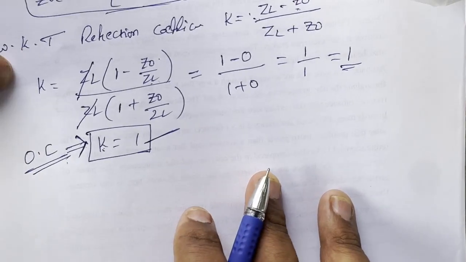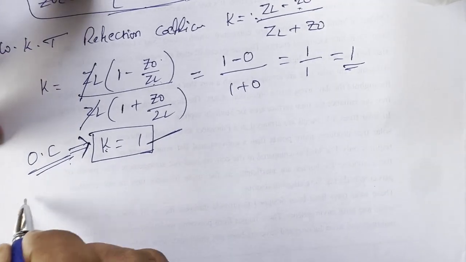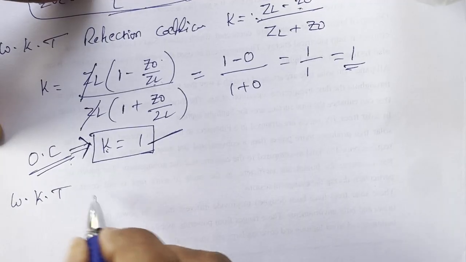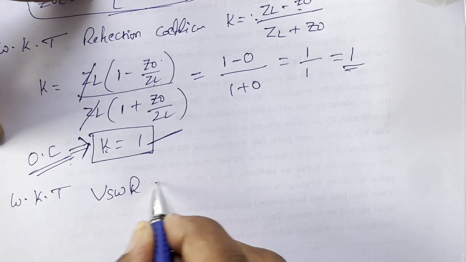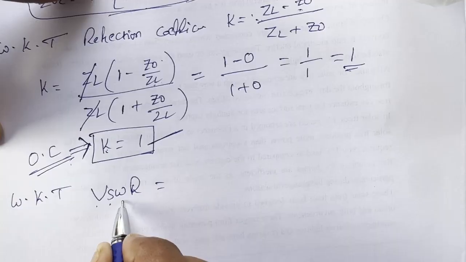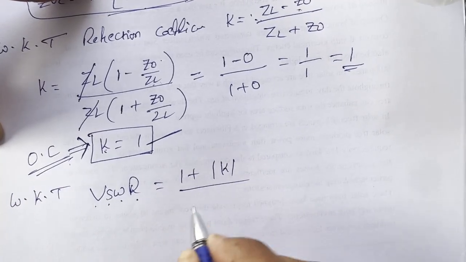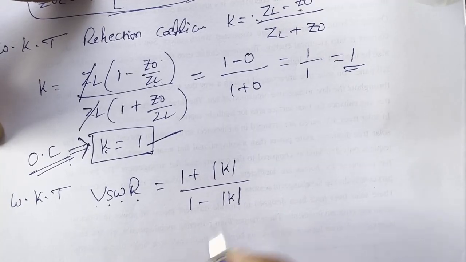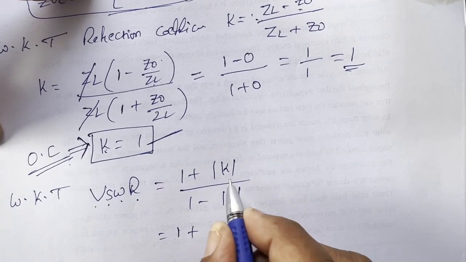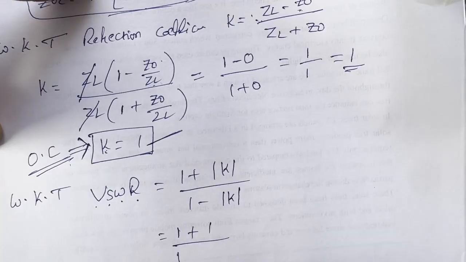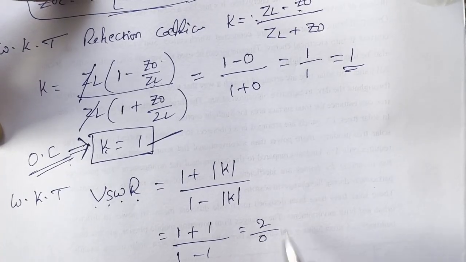Similarly, we have to find VSWR. We know that VSWR, voltage standing wave ratio, is equal to 1 plus mod K by 1 minus mod K. That is equal to 1 plus 1 by 1 minus 1, that is 2 by 0.